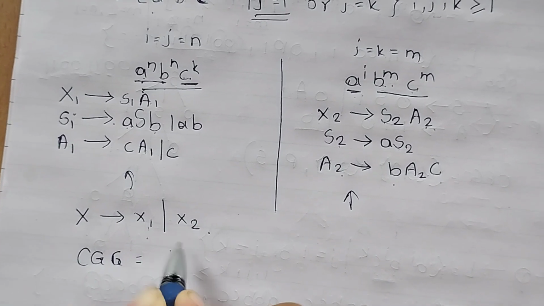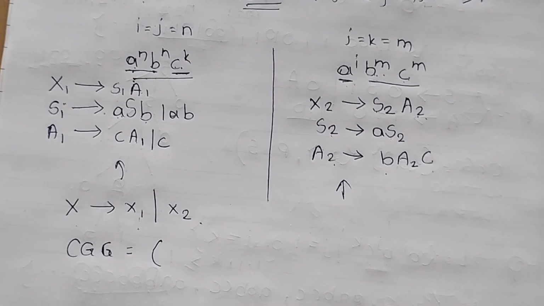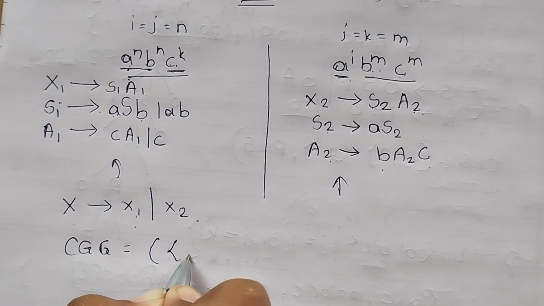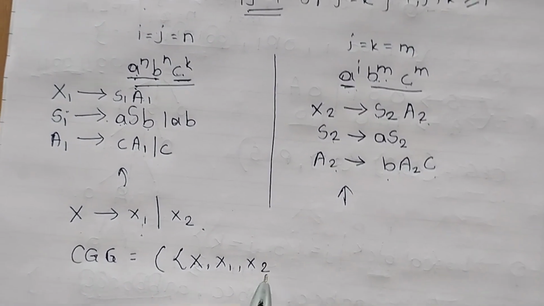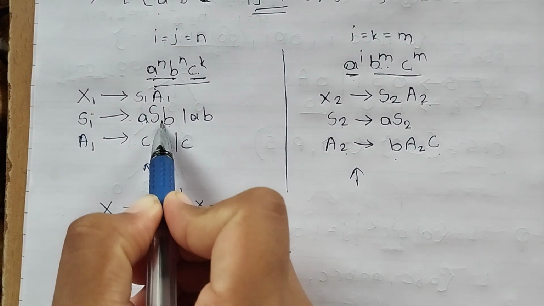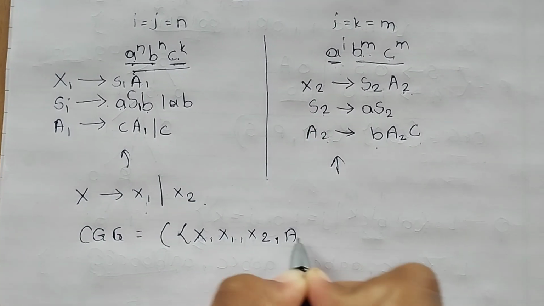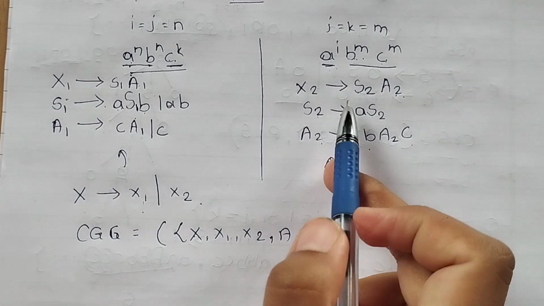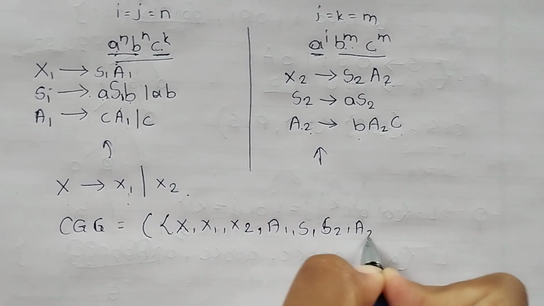So the CFG is equal to, I hope we write first all variables, capital letters. So how many capital letters are here? X, X1, X2 and S1. Here it is S1, not only S. So A1, S1, then S2, A2.